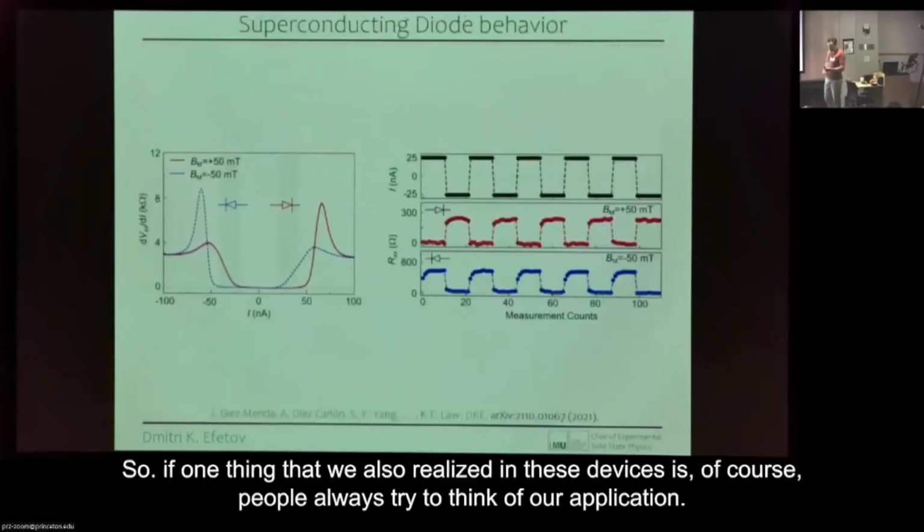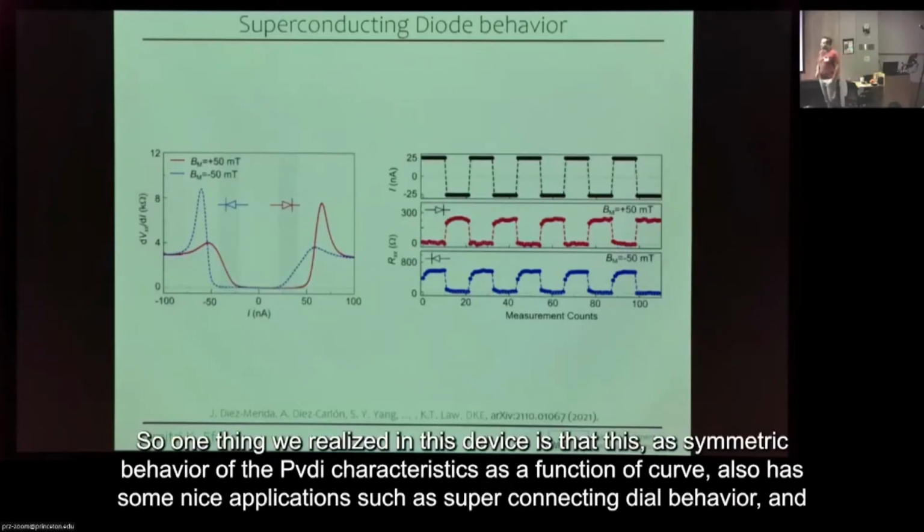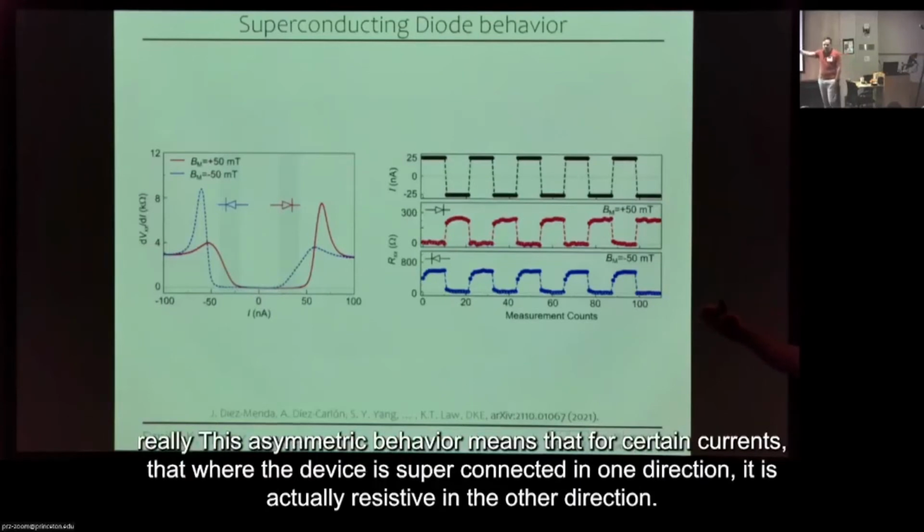One thing we also realized in these devices, as people always try to think of applications, is that this asymmetric behavior of the dV/dI characteristics as a function of current has some nice applications, such as superconducting diode behavior. This asymmetric behavior means that for certain currents, the device is superconducting in one direction, but resistive in the other direction.